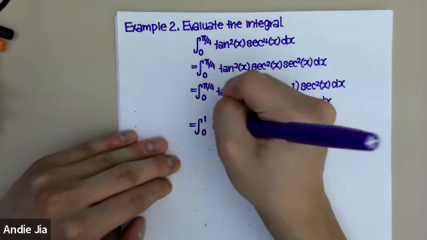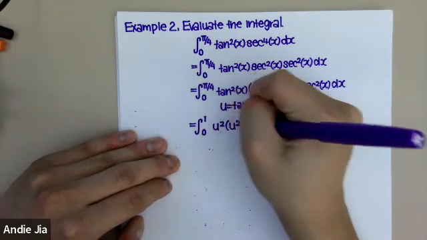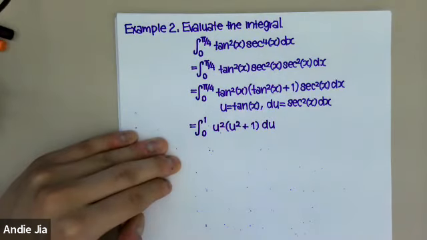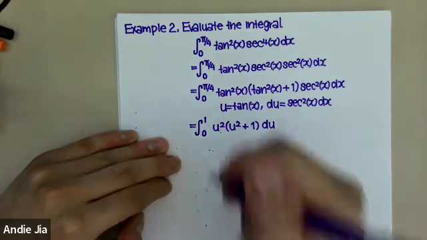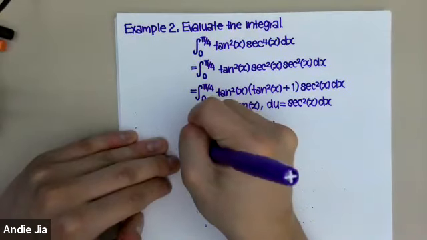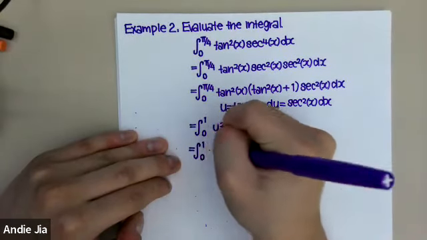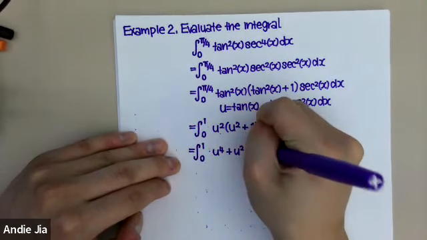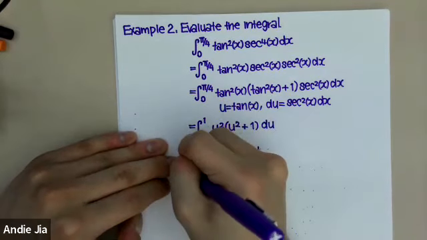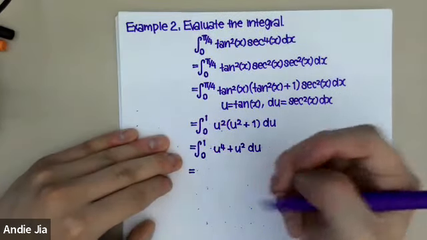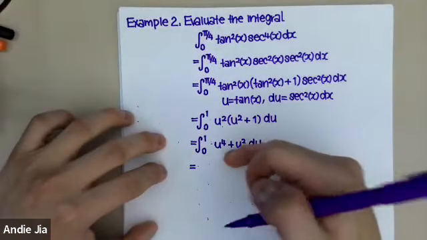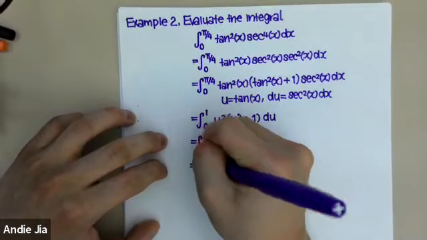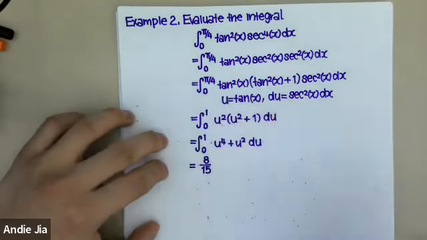It's going to be the integral of u squared times u squared plus 1 du, which is u to the 4 plus u squared du. What you get is a number because it's a definite integral. It's going to be 1/5 plus 1/3, which is 8 over 15.